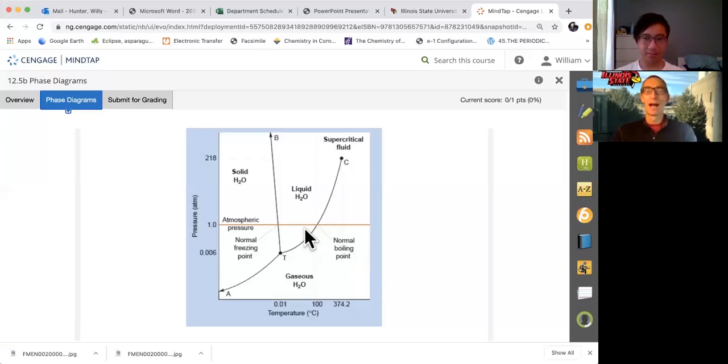And so if I look at it the way you and I typically look at it, if I'm going to boil some water on my stove, I'm doing it at about 1 atmosphere and at 100 degrees Celsius. So this point here is us boiling water on a stove or in a kettle or in a microwave.